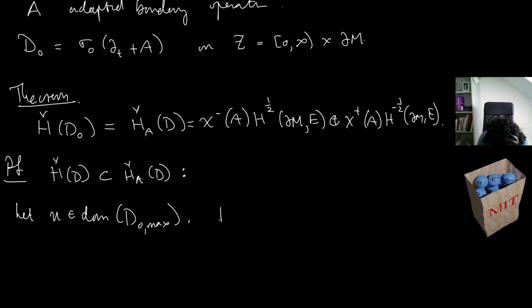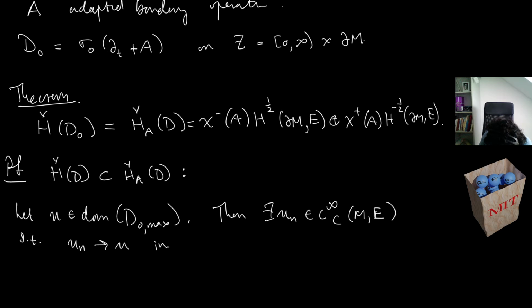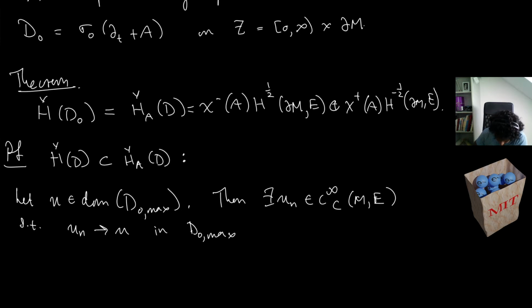Then there exist some compactly supported smooth sections such that UN converges to U in the D naught max norm, right? This completeness of the operator D naught comes from the fact that we're on the cylinder, on the infinite cylinder.